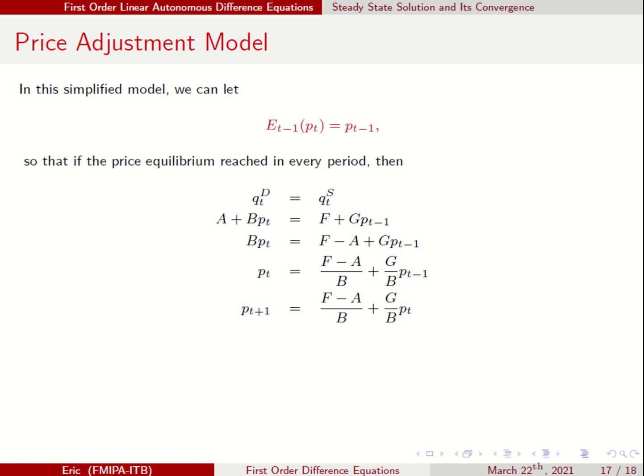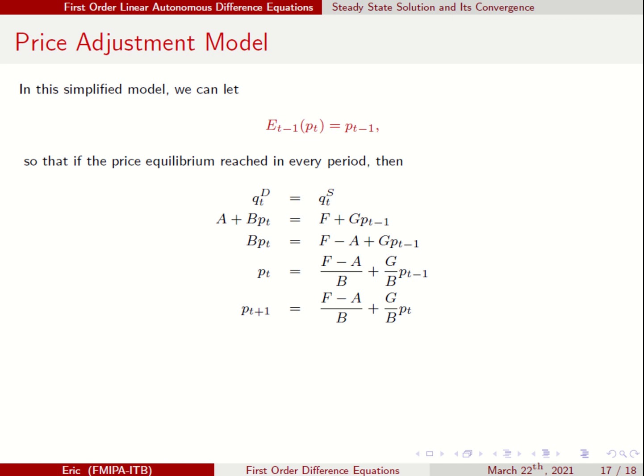With A equal to g over b. Don't forget b is negative. And with B equal to f minus a, divided by b. And how do you find the solution? Try to find the solution, and try to find the steady state solution.